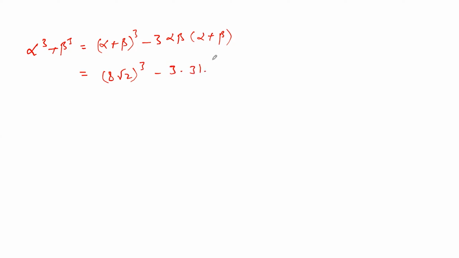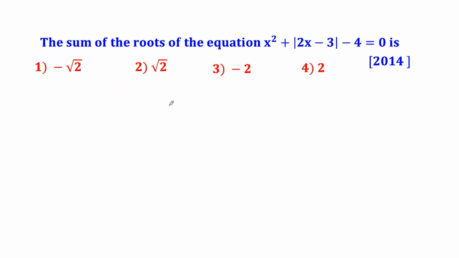Simple question, but concentrate on calculation, right? 8 3 and just you can take out the common. So this will be 280 root 2, right? So I guess these are simple questions. Only you have to take care of the calculation.